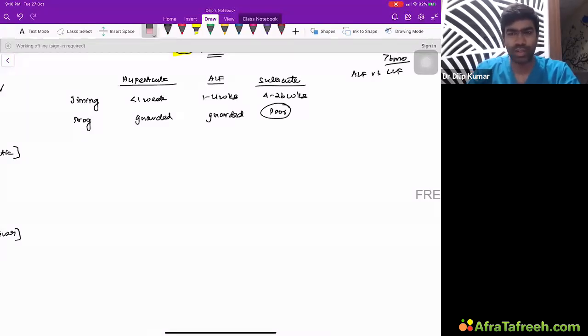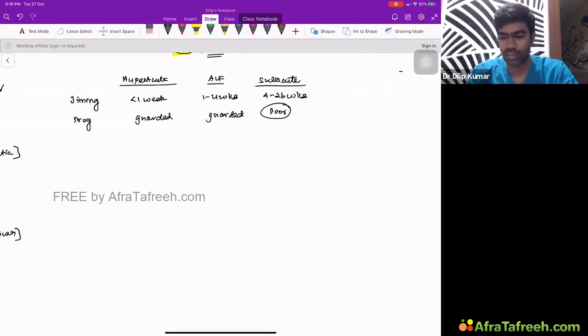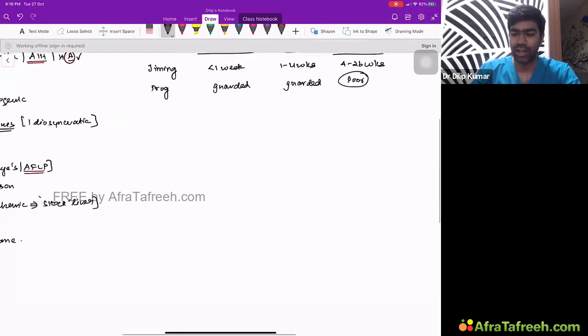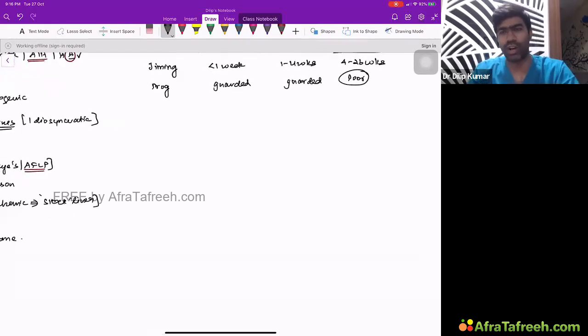If somebody asks which one has the better prognosis, I'll always go for acute liver failure, because chronic liver failure invariably has a poor prognosis, which means they are definitely going to end up needing a transplant. Without a transplant, they die, because anything that happens slow and steady over a longer period has more chance of sustained liver failure, and they don't survive without a transplant. So chronic liver failure is actually worse compared to acute liver failure.